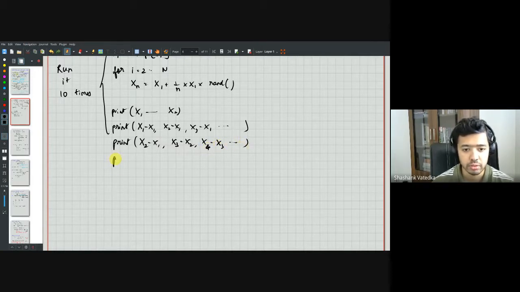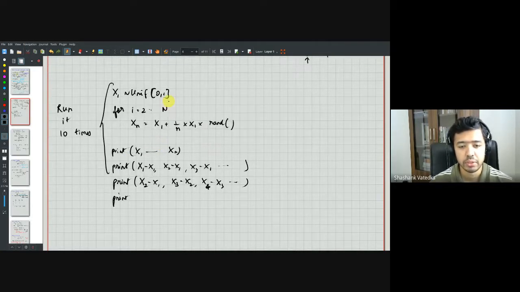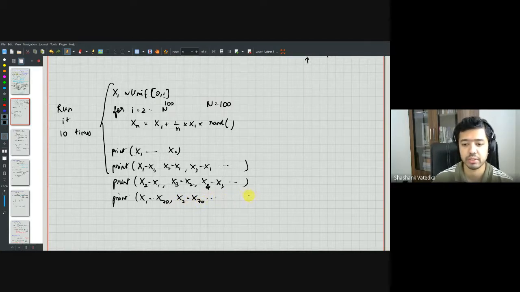Also, maybe if you take n to be, let us say, 100, then try to print x1 minus x70, x2 minus x70, x3 minus x70, and so on. Okay, and see what happens.